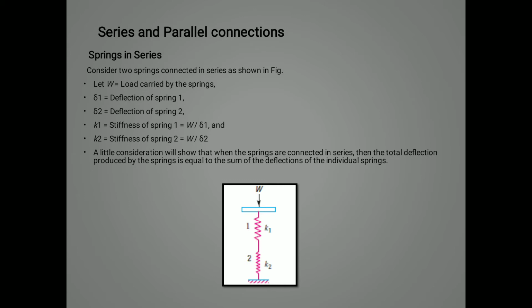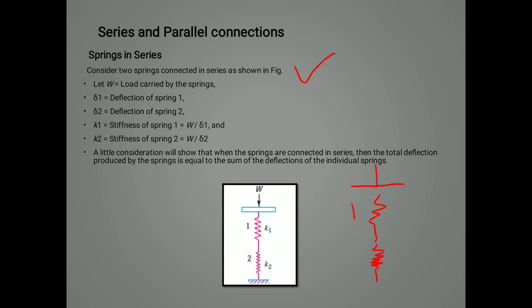So here you can see, consider the spring in series. Consider two springs connected in a series as shown in this figure. Here the figure shows the series connection. You can see the applied load W, this one spring connected in series with spring number 2.